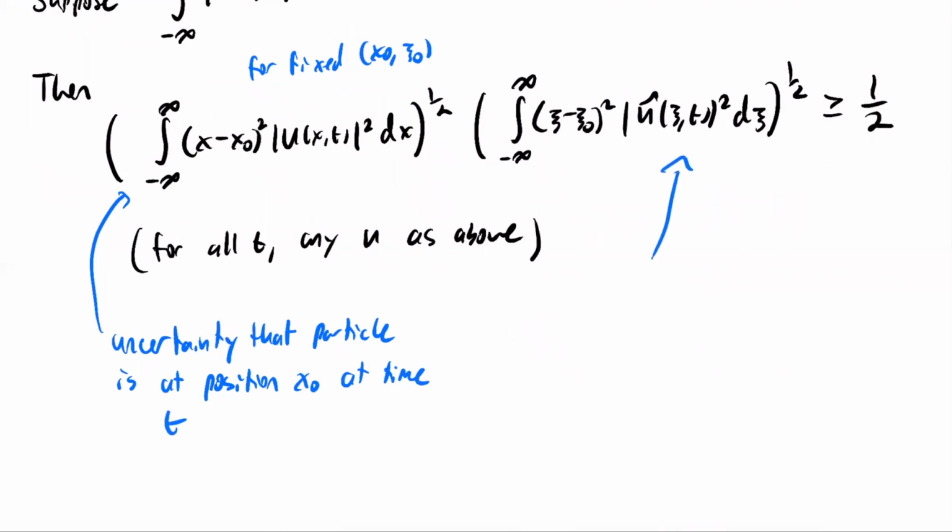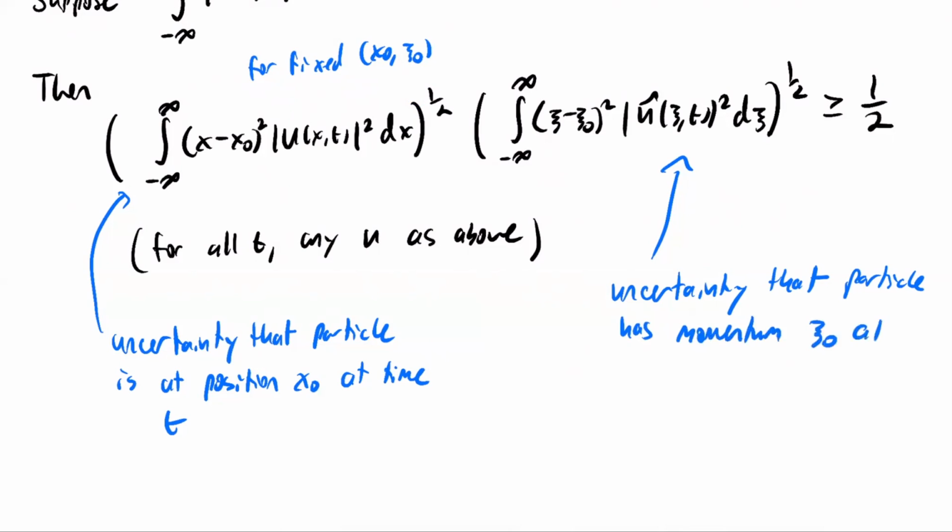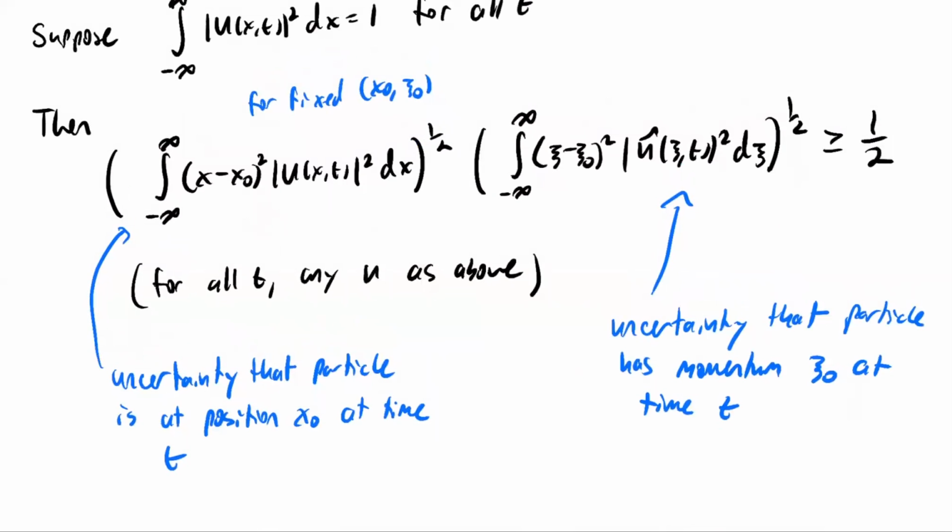And so this quantity over here measures the uncertainty that the particle is at momentum or has momentum c naught at time t.